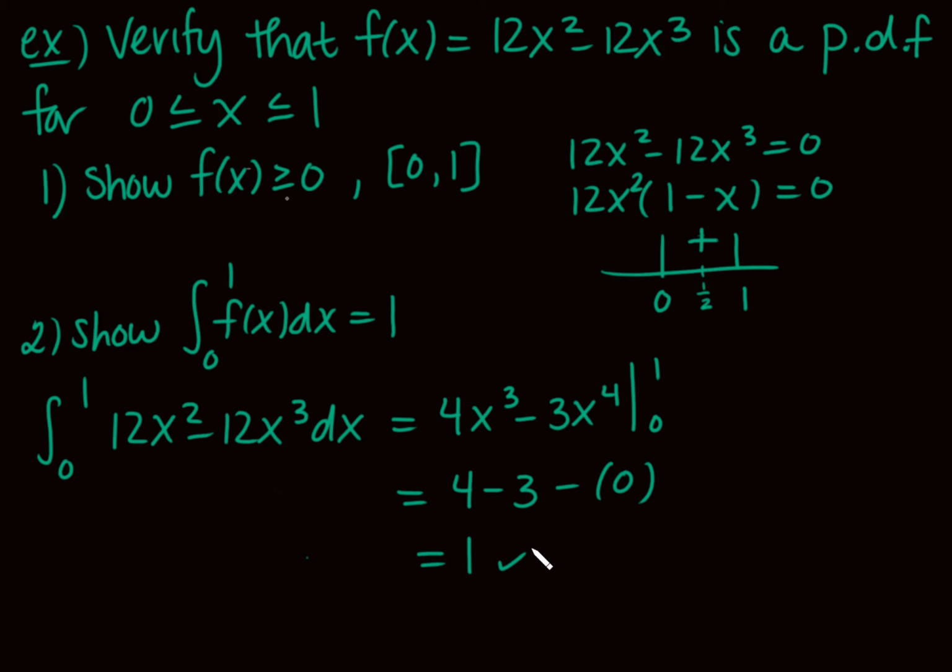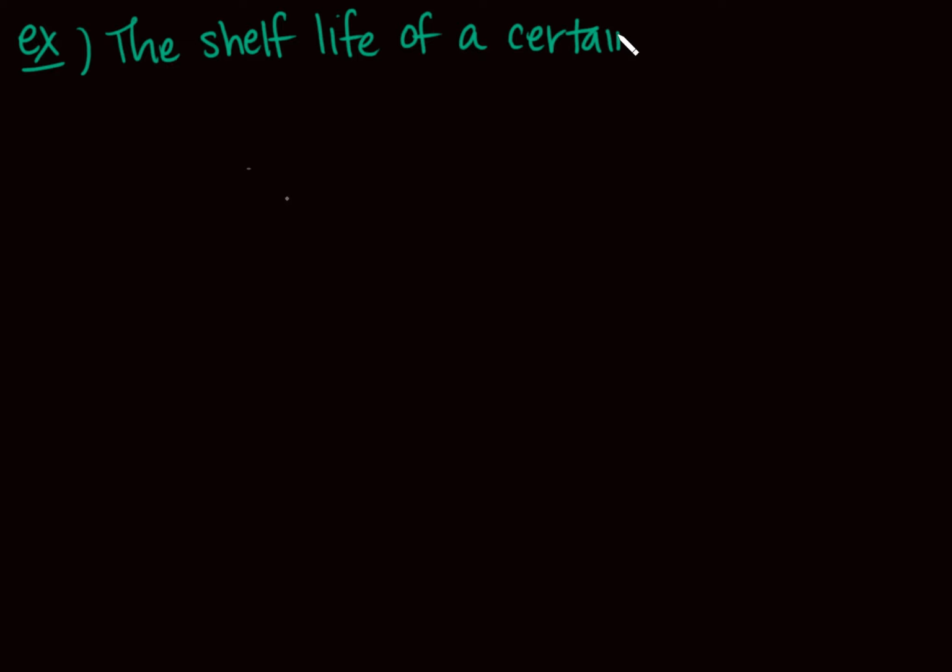Okay, so let's do another example here that actually is finding probabilities, because that's kind of what we want to talk about. Okay, so here's my example. The shelf life of a certain drug has a probability density function.